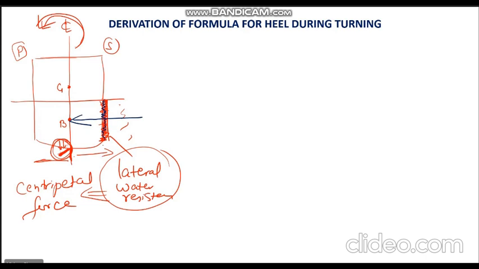So, next point. This centripetal force, which acts towards the center of the turn through the centroid of the underwater area on the opposite side, is assumed to act through the ship's center of buoyancy, because it is more or less at the same level.